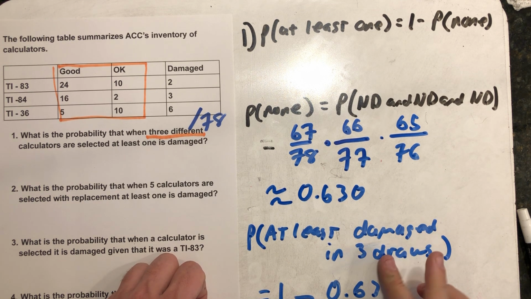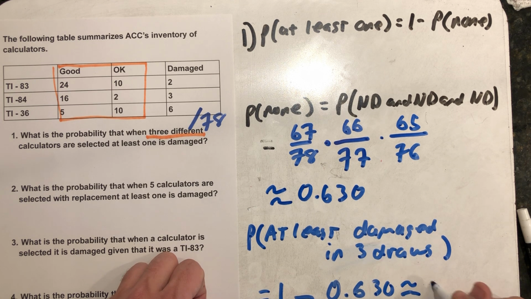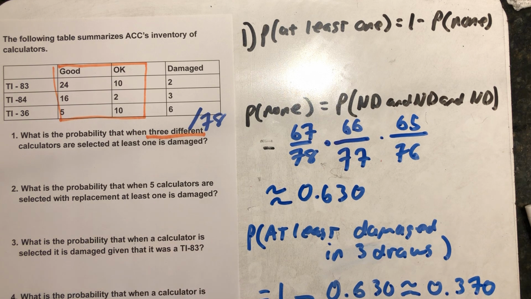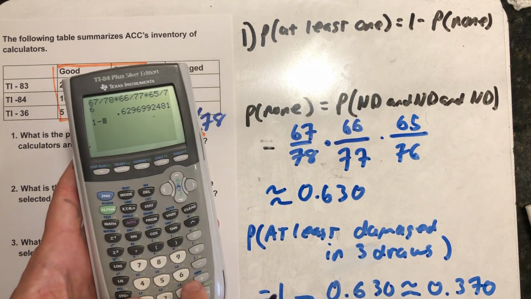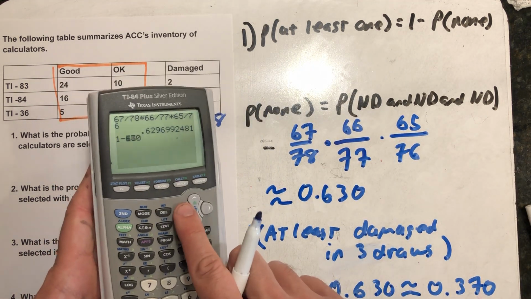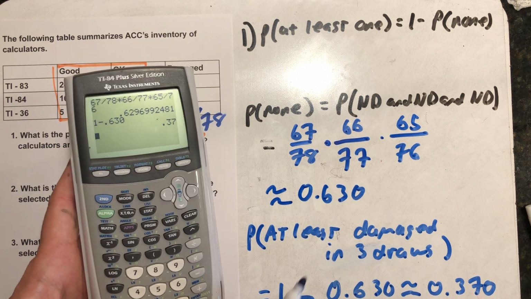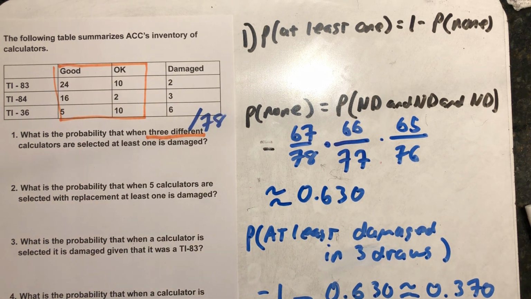So let's see, 1 minus 0.630 is going to be 0.370. All right, so there is our probability to three decimal places. Always thinking of an at least one as 1 minus the probability of none.